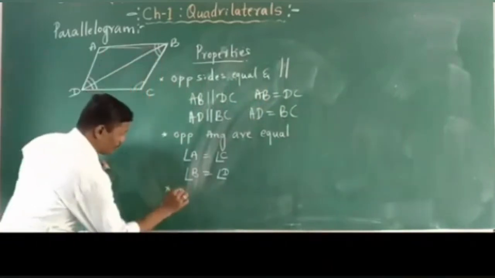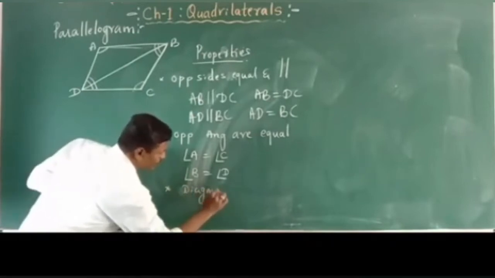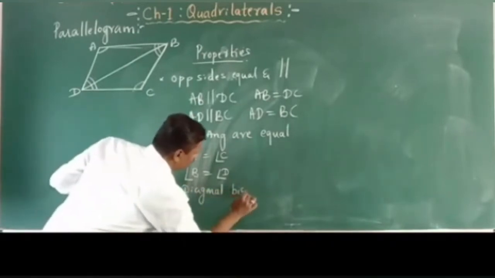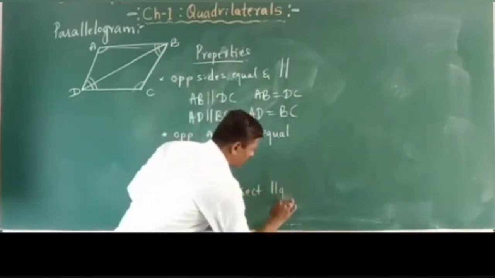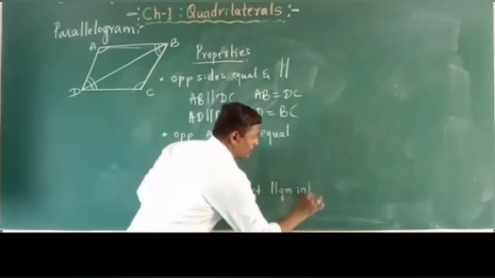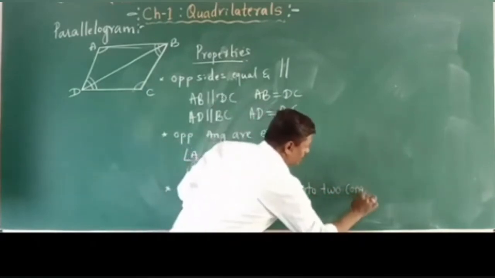So the diagonal bisects the parallelogram into two congruent triangles.